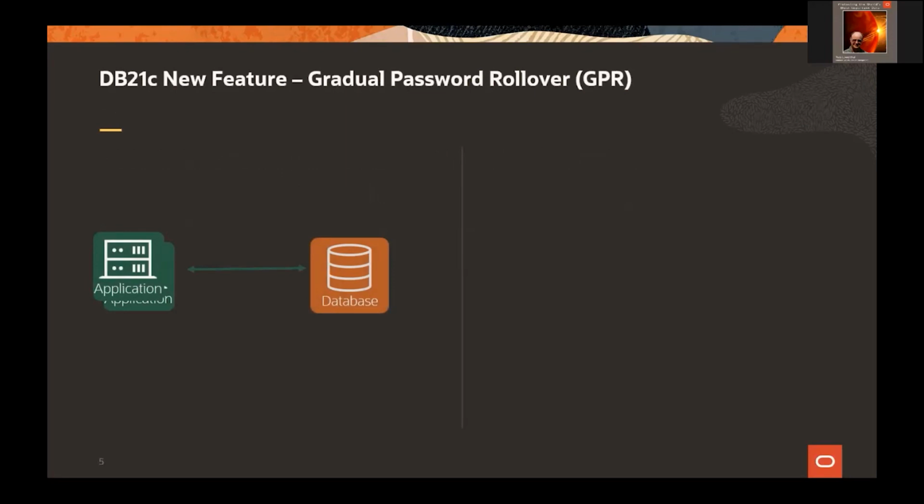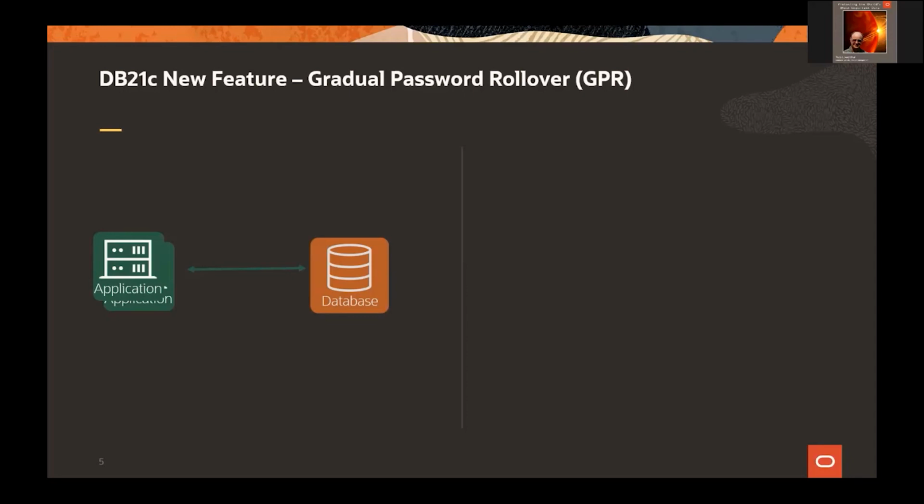So the new database 21c feature is called Gradual Password Rollover. You'll sometimes see references to it called Gradual Database Password Rollover, but the acronym for that, GDPR, sounds more like a European security acronym, so I tend to just use GPR. But it is just a database password.